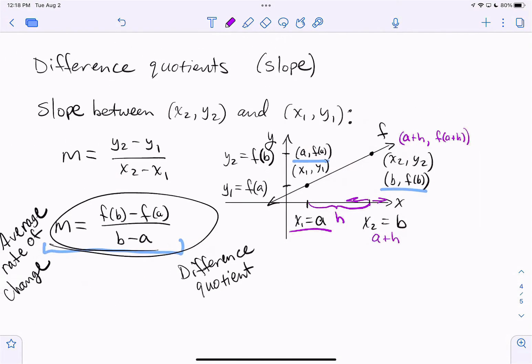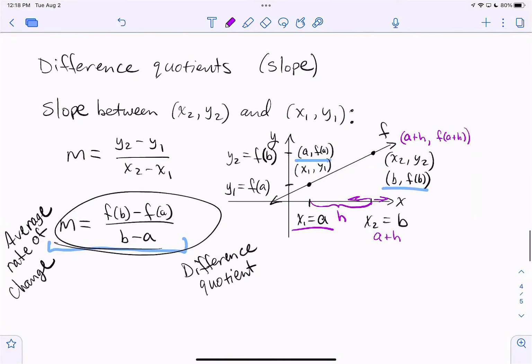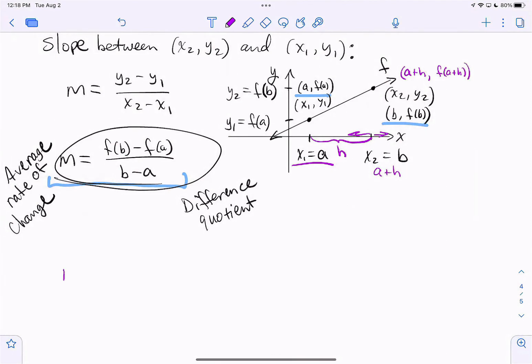But now we can consider the average rate of change and say m is equal to f of a plus h minus f of a divided by a plus h minus a.